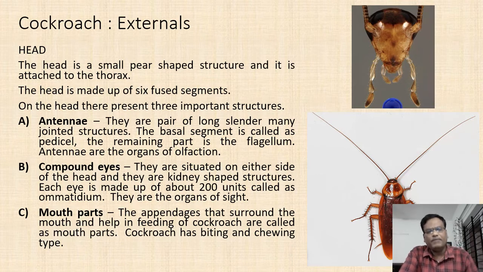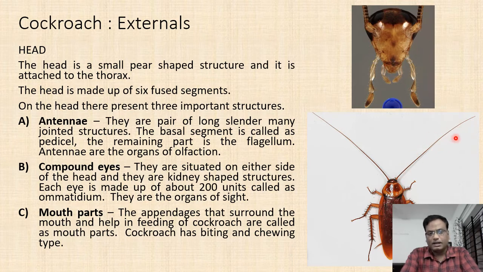And we find 3 important structures in the head region. They are antennae, compound eyes, and mouth parts. So antennae, as we already seen here, you can see the long antennae, one pair of long antennae. So they are a pair of long, slender, many jointed structures, and the basal segment is called as pedicel. So the first segment of the antenna is called pedicel, and remaining part is the flagellum.